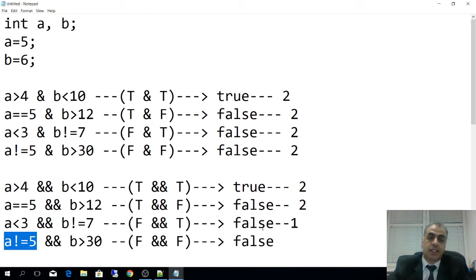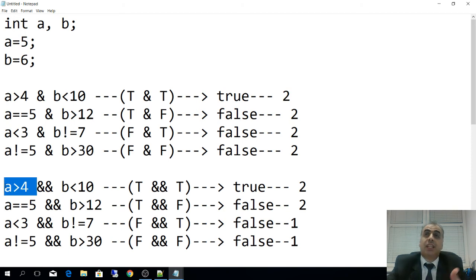No, it is false. Then immediately the result is false. So as you see, only 1 process. You don't need to check the others. I don't care if it's true or false, because at the end of the day, the first one is false, result is false. That's why we use the short circuit AND operator. Okay? So for the first one, it is true, so I must check the second one, because if the second one is true, result is true.